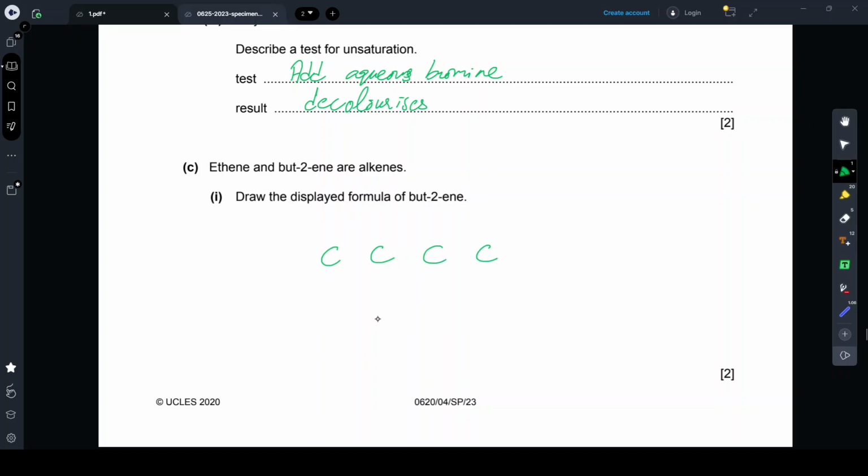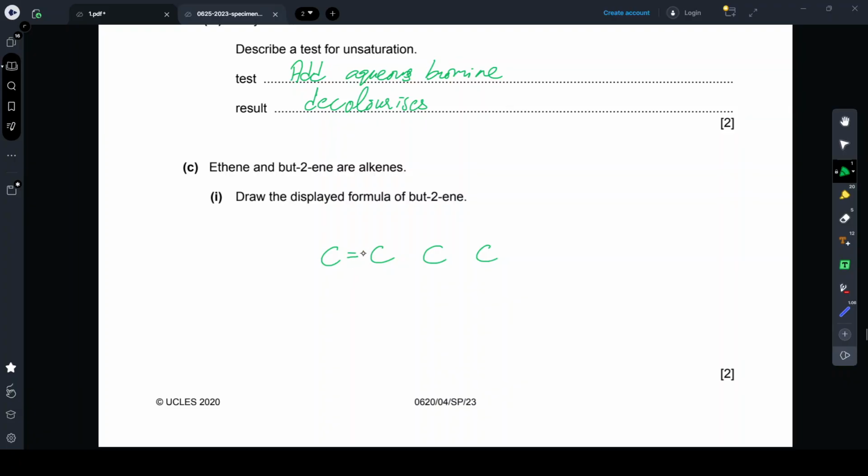At first, there will be a double bond over here. Sophia, do you agree? Yeah, I do agree. And before each carbon, there will be a hydrogen. No, wait. Actually, okay, no idea. Okay, go on.